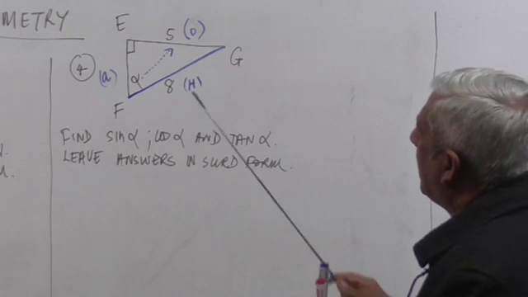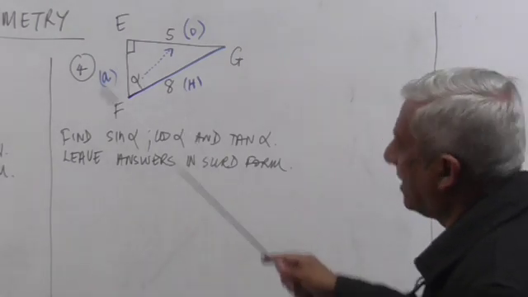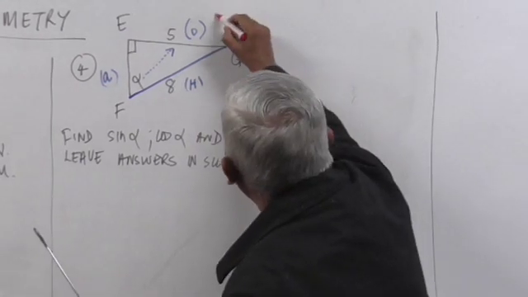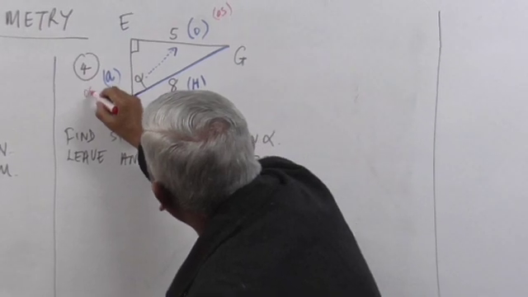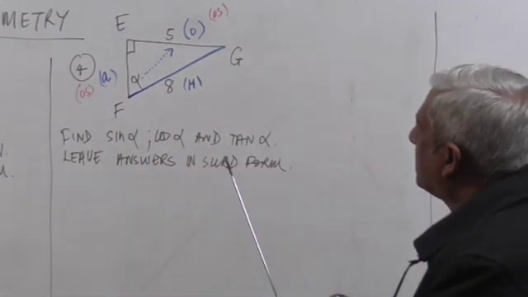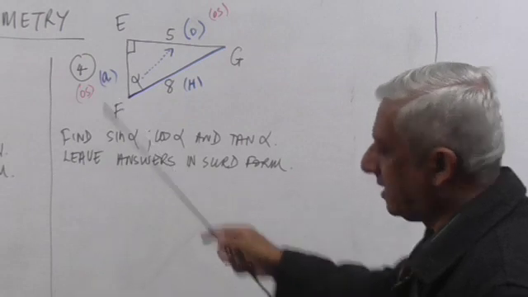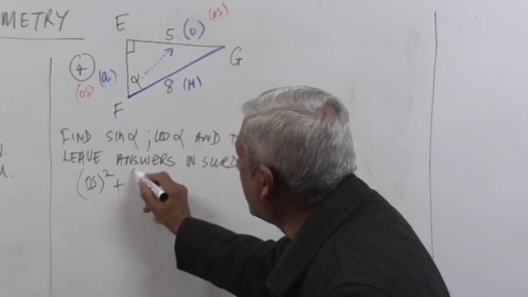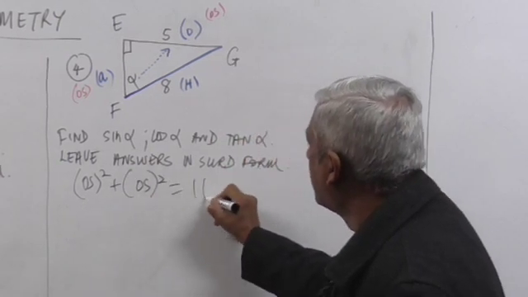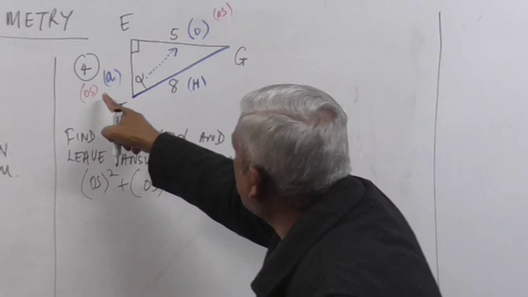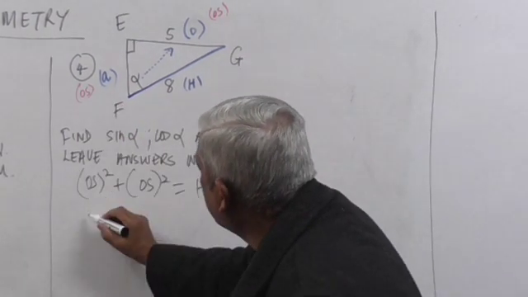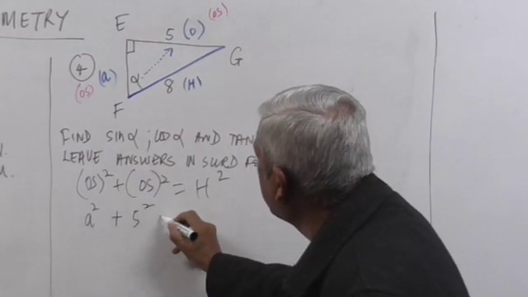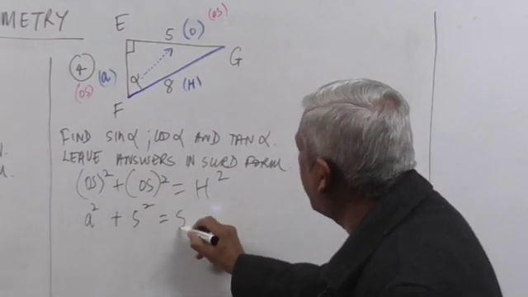Oh no, one side is missing, so we have to find that side. So for theorem of Pythagoras, this is hypotenuse, that's other side, that's other side. So you are trying to find other side. So the theorem says other side squared plus other side squared is equal to hypotenuse squared. So if I start here, let's call it A. A squared plus 5 squared is equal to 8 squared.